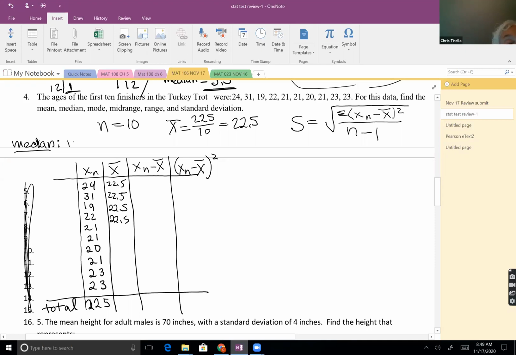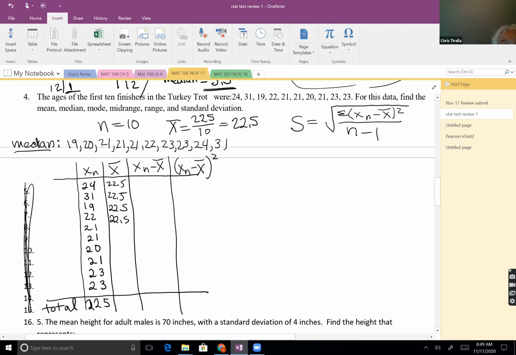I think we've got one 19-year-old, one 20-year-old, 3 21-year-olds, a 22-year-old, 2 23-year-olds, a 24-year-old, and a 31.